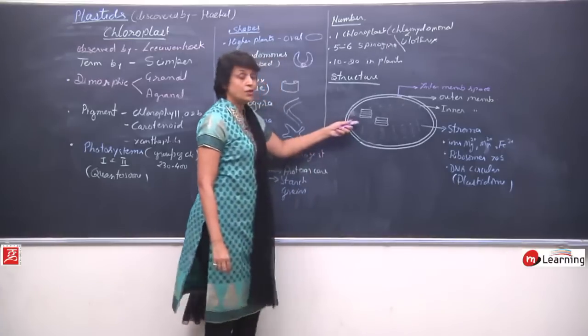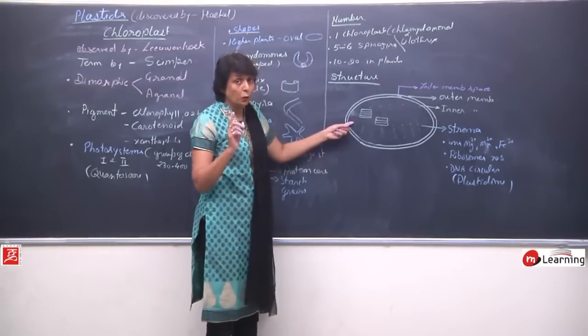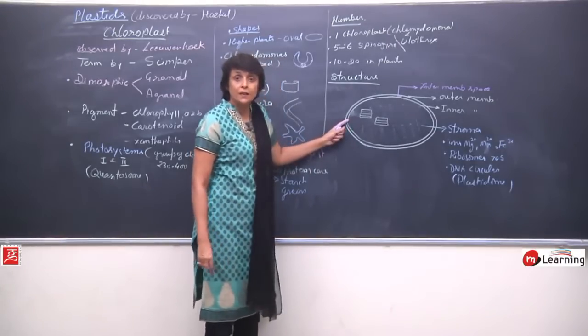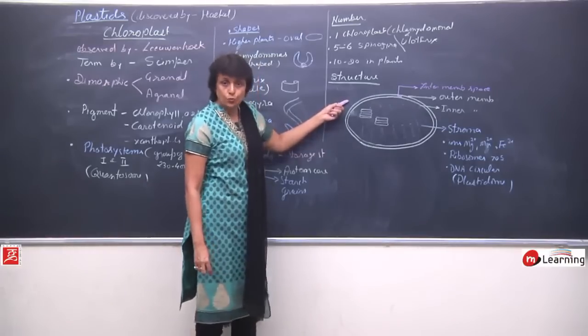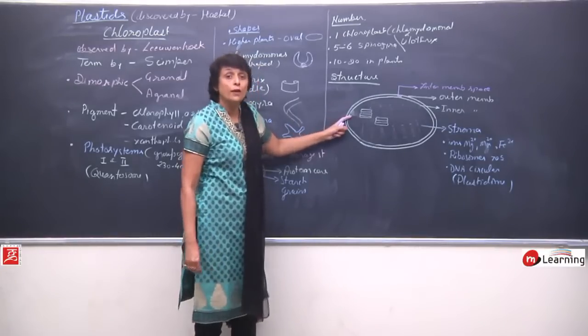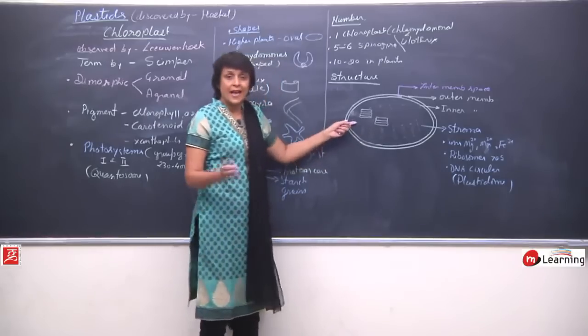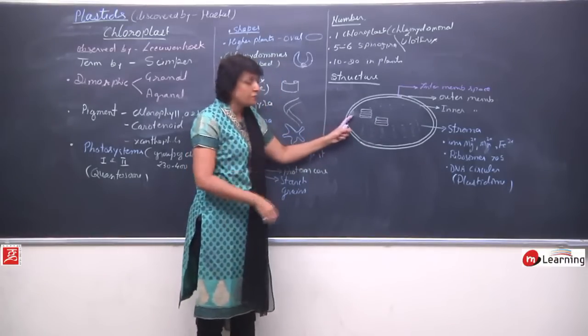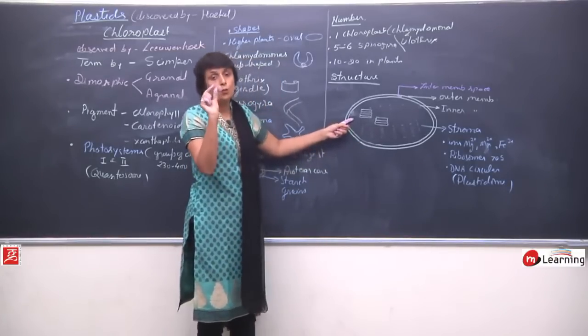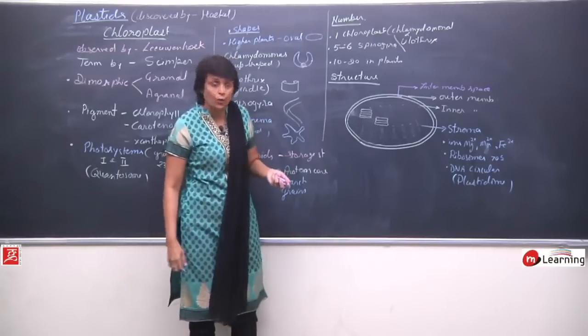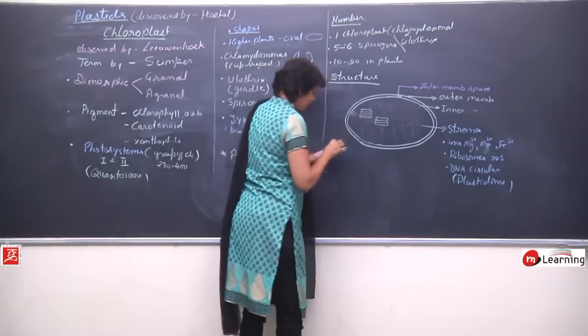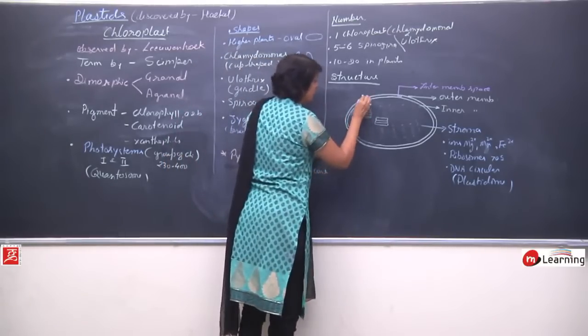So how are these structures formed? They are formed by infoldings of the inner membrane. So outer membrane is smooth, inner membrane is folded in the young plastid or young chloroplast, but as it matures, these infolds they detach and form small structures which are known as thylakoids. So this single one which is here is a thylakoid.